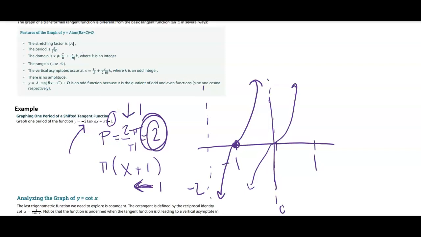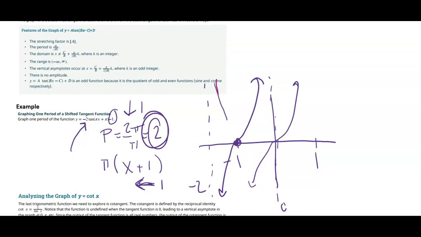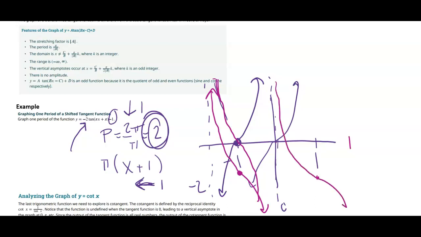So the flip and stretch means it's going to go kind of more like that, but then I have to move it down 1. So a little something like this would be our graph of one period. Then you'd have another one that would go from 0 and then to 2, and then it would do that same thing here.